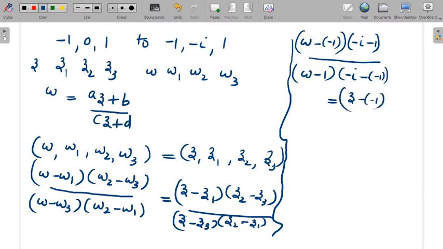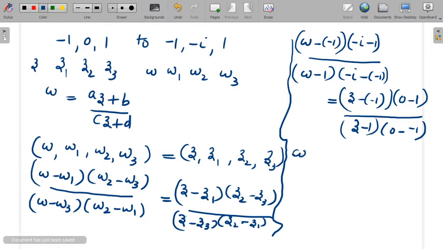Z1 is -1 into Z2 minus Z3 divided by Z minus, now interchange these 2 points, so Z minus 1 into 0 minus minus 1. Now let us just simplify this and write this.